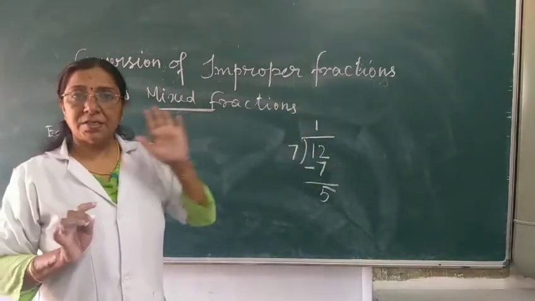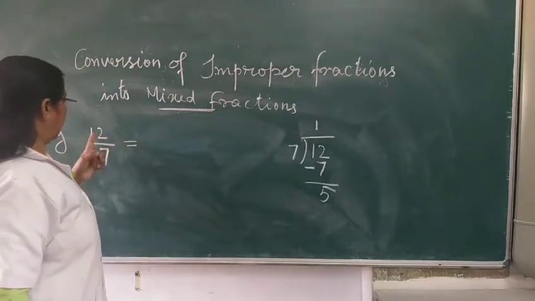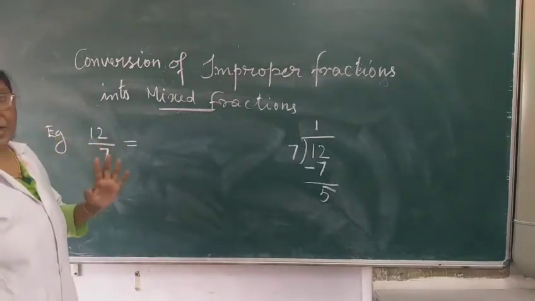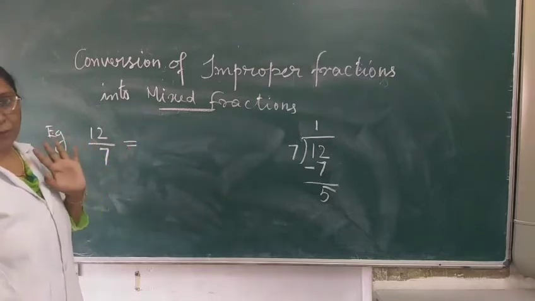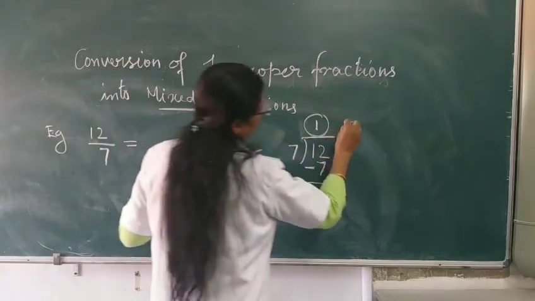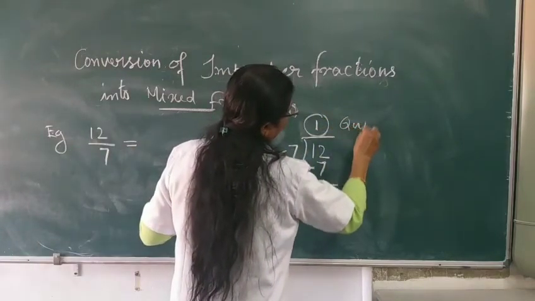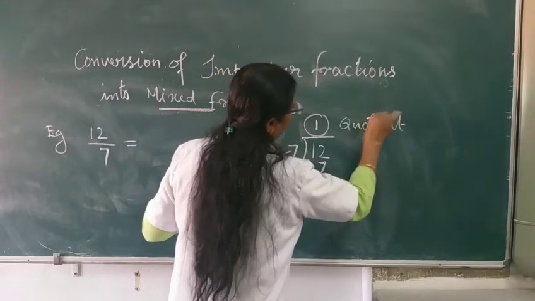See, that is the whole number in the mixed fraction. This is how the improper fraction is converted into a mixed fraction. In a mixed fraction, there is a whole number and a proper fraction. This quotient is the whole number.